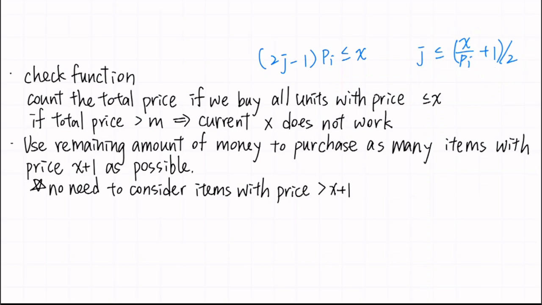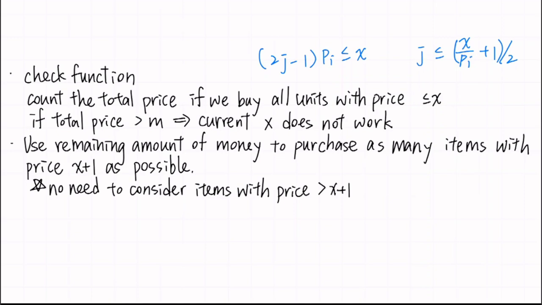So j can only be less than or equal to this value. So we need to take the floor of this value to get the number of units that we buy for the current product. And we can add the price that we need for buying j units of this product.